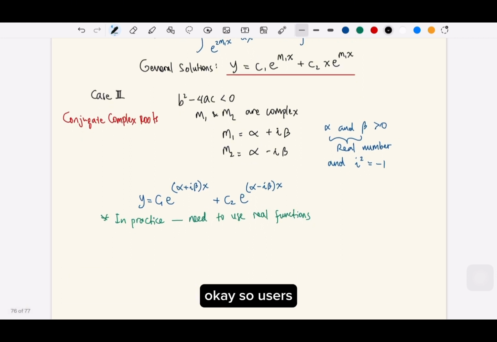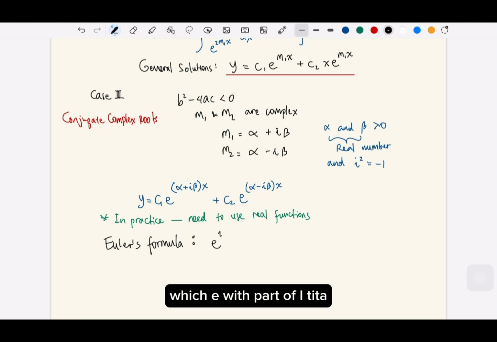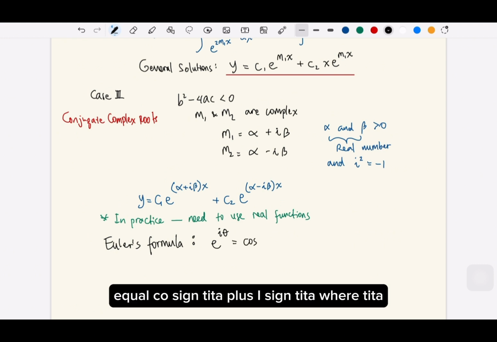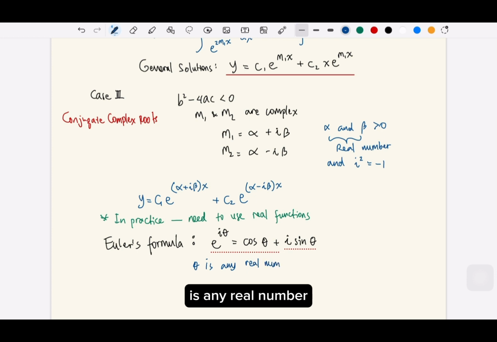Euler's formula says e to the power of i theta equals cosine theta plus i sine theta, where theta is any real number.